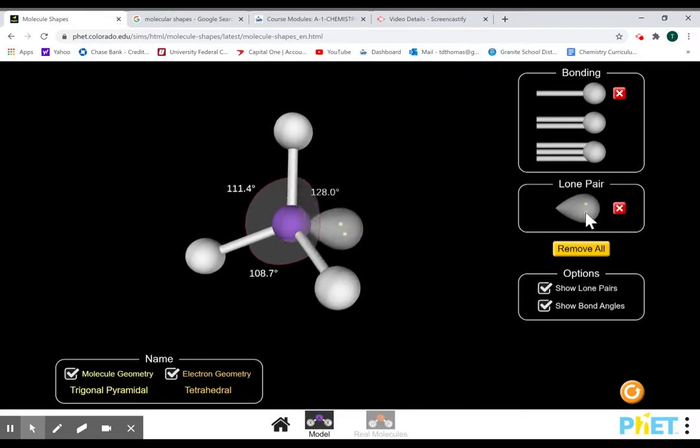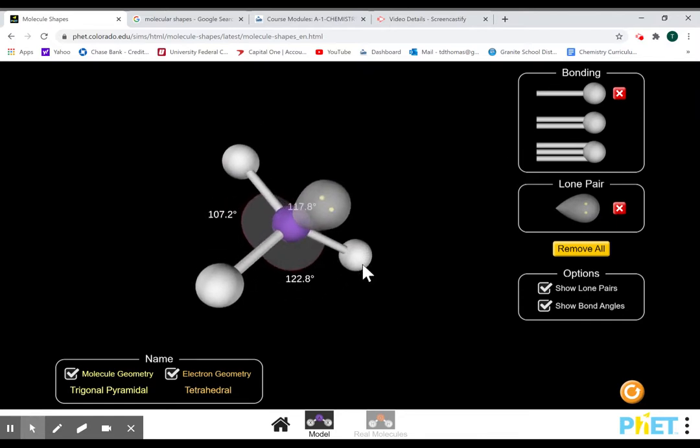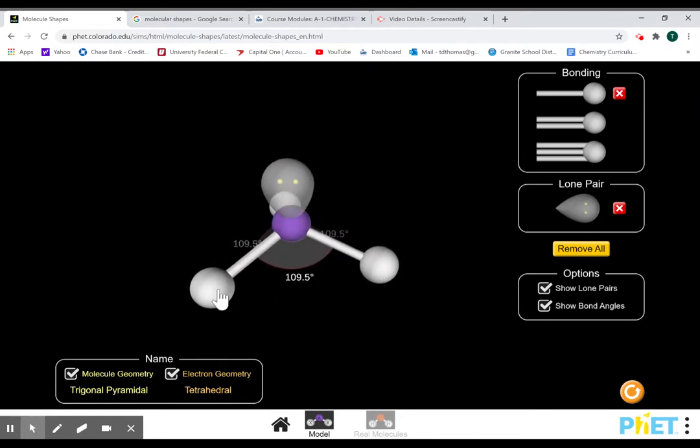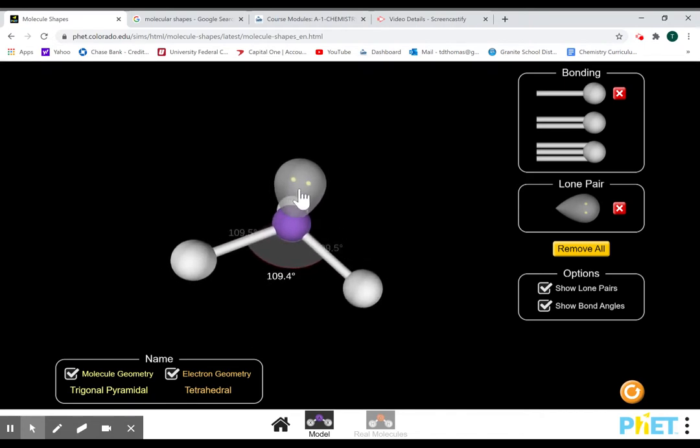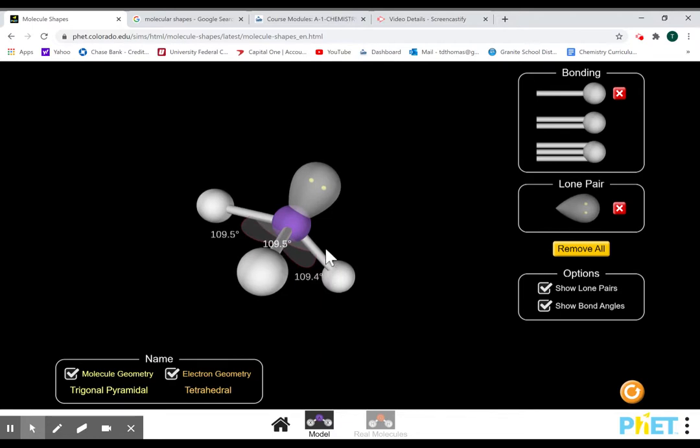If you add a lone pair to this, you can rotate this till you get a better look at it, situate it the way that makes sense to you. Okay, as you can see, the degrees that are formed here are 109.5 around each of these bonds.